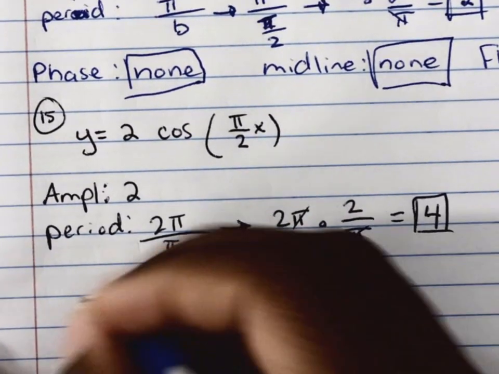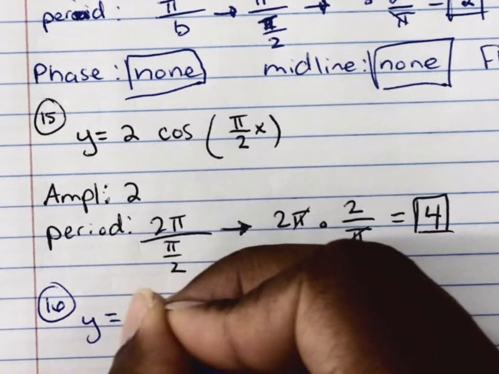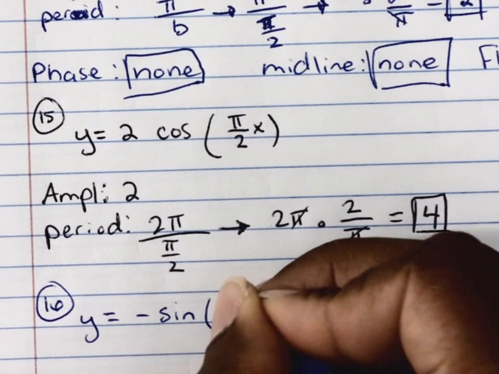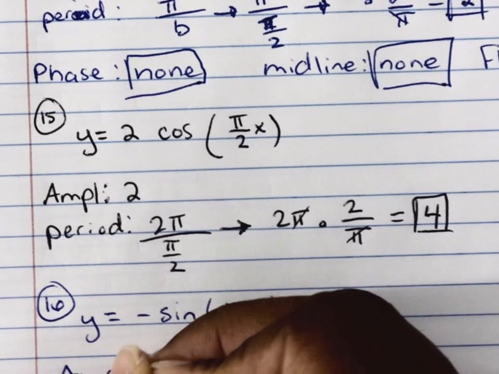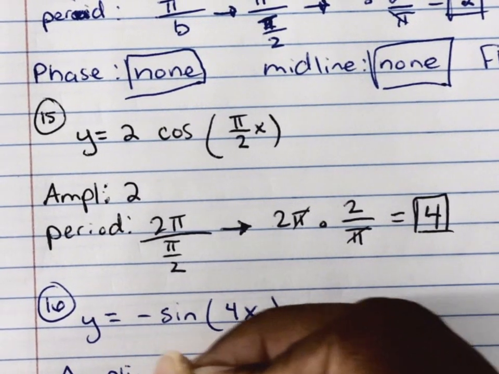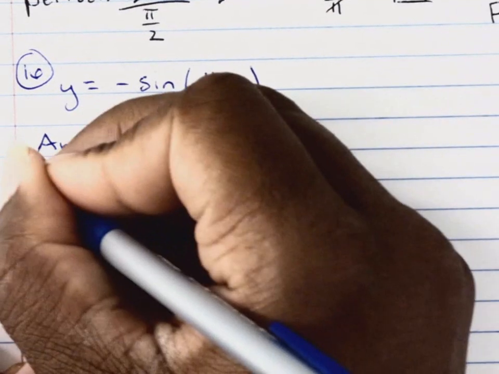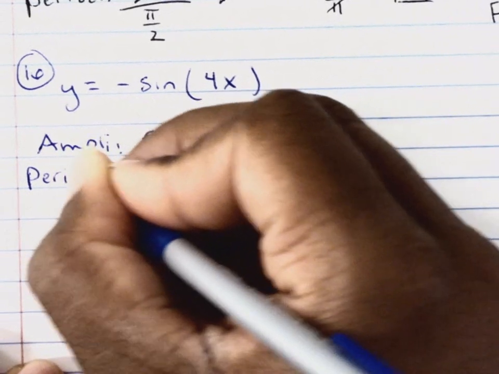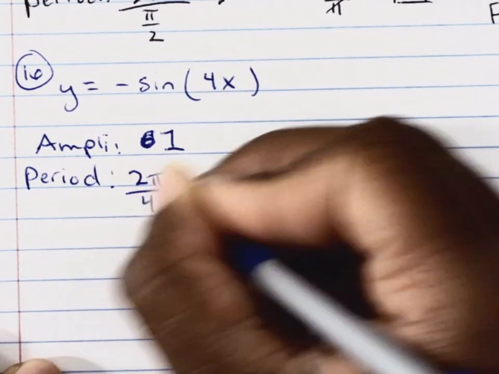16. Y equals negative sine 4x. Amplitude is 1. Period of sine is 2 pi. So this period of 2 pi over b, b is 4.